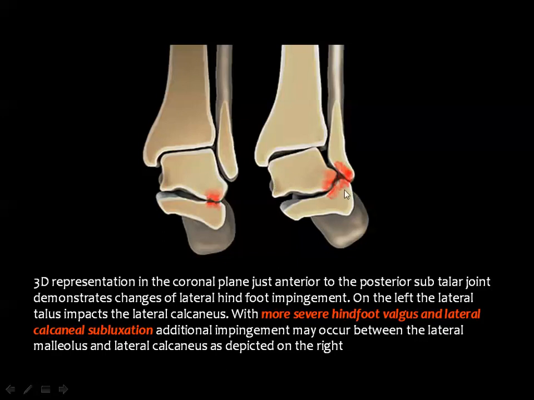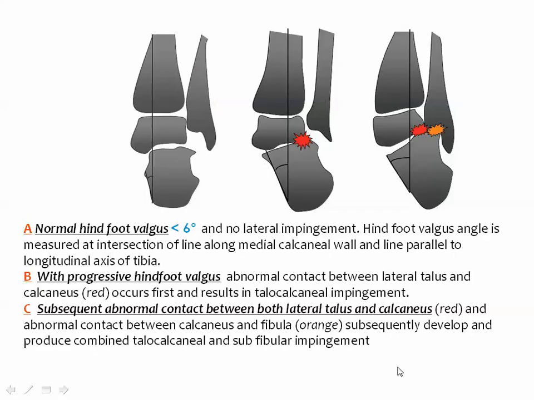Now the fibula is facing the calcaneus, and this will result in severe stress injury here, where, as you can see, narrowing of the joint spaces, bone marrow edema, and osteoarthritic changes. Normally, if you draw a line from the axis of the tibia and a line along the medial border of the calcaneus, it will form an angle less than 6 degrees.